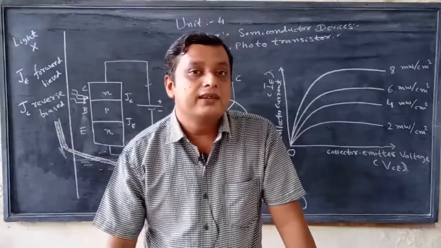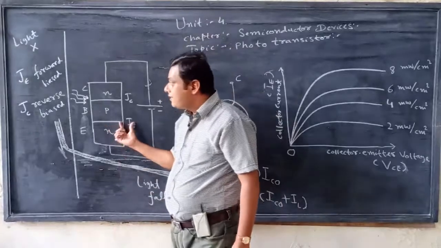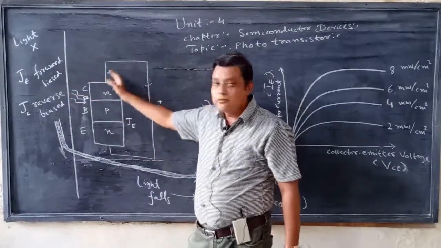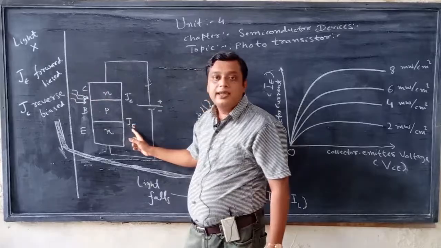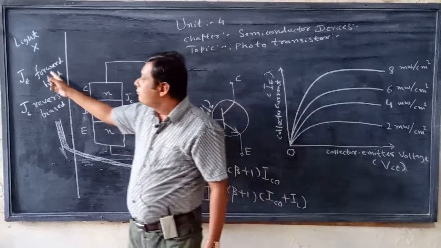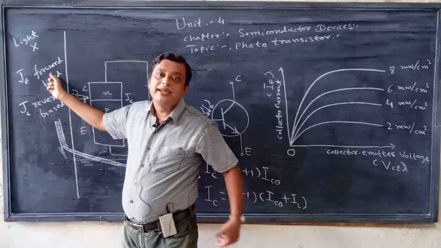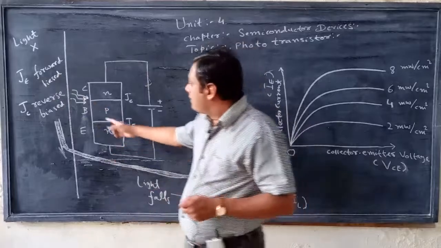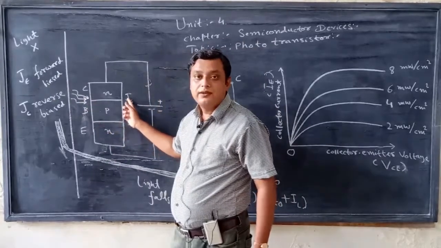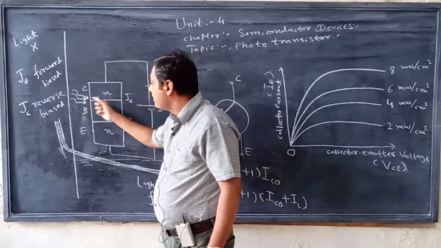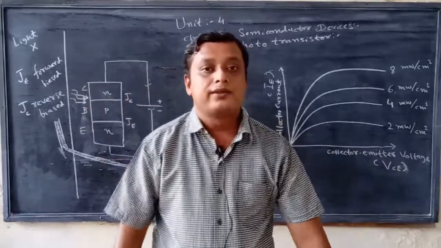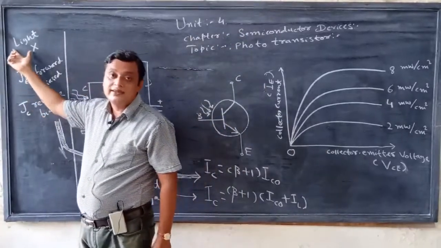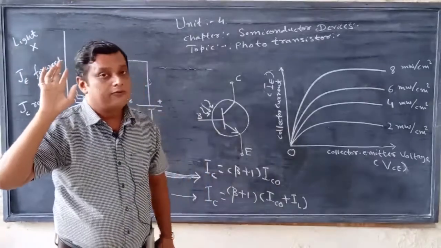Whenever light energy is not falling onto the phototransistor, this JE emitter junction is forward biased, so current will be high across this junction, but at that time this collector base junction is reverse biased. So this is the possibility whenever light energy is not falling onto the phototransistor.